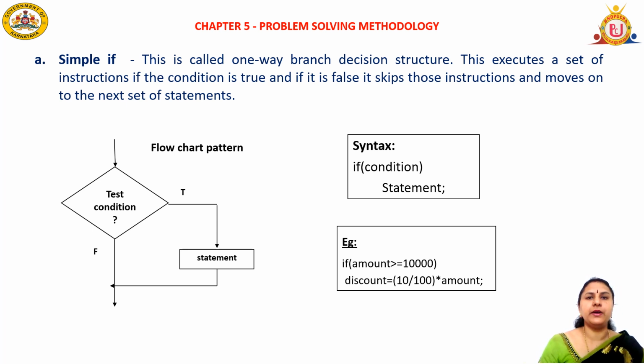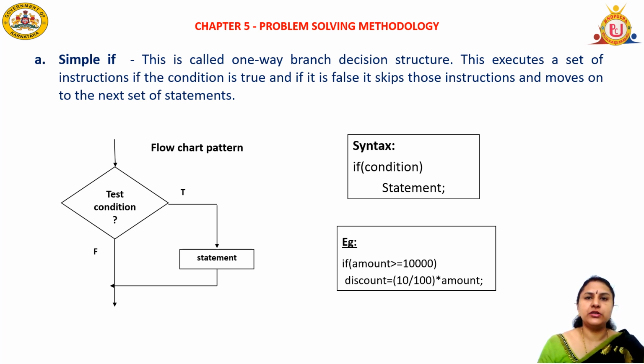Next, example. If you visit a mall or a shop, they will display on the board that if you purchase for more than 10,000 rupees worth, you will get a discount of 10%. How will you write this in the program?